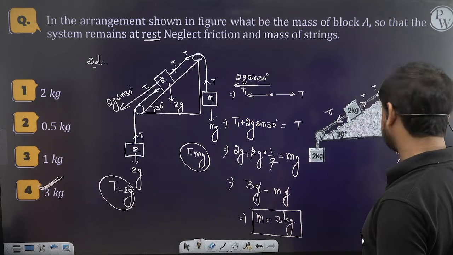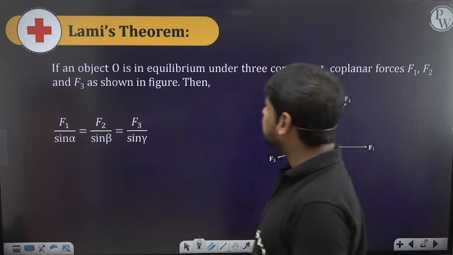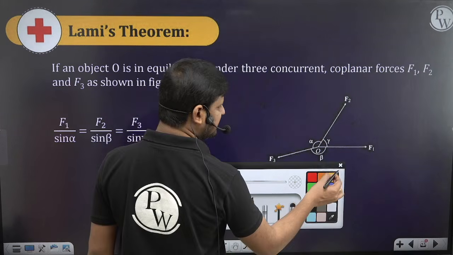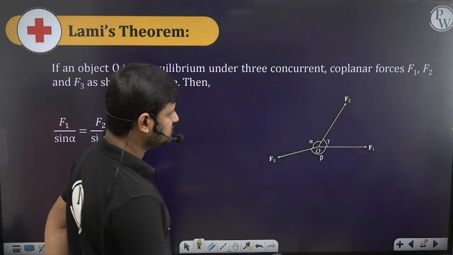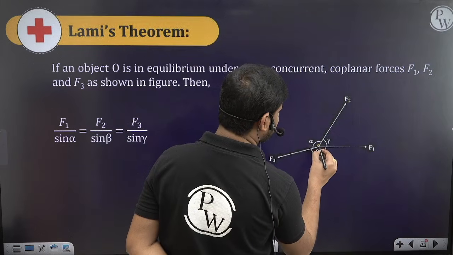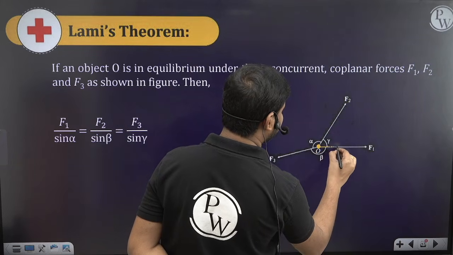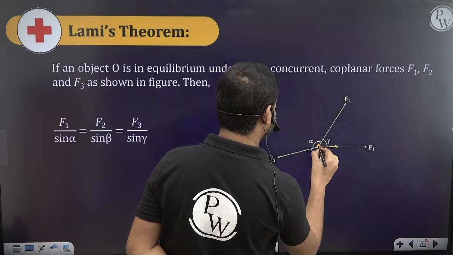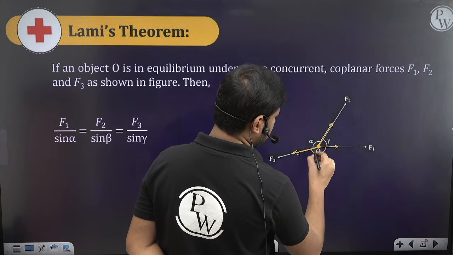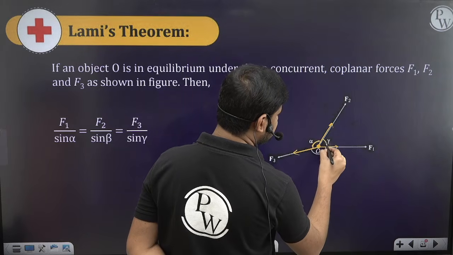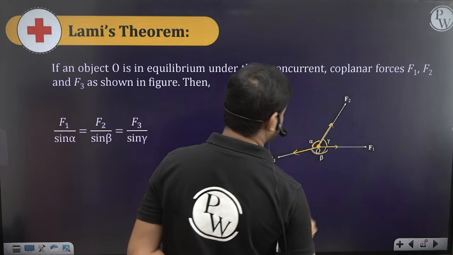Chalo, next. Lami's theorem, we already discussed it in vectors. Whenever 3 forces are acting at a point, see here at this point force F1 is acting on this side, force F2 on this side and force F3 on this side. If this angle is alpha, this angle is gamma, this angle is beta, then what do we say?